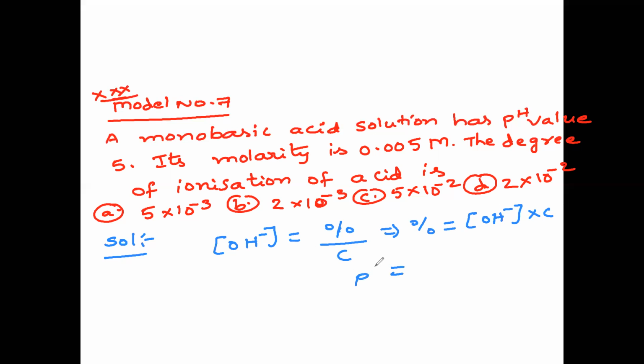So the concentration of OH minus is given from the pH value. Since pH is equal to 5, the concentration of H plus ions is 10 to the power of minus 5.